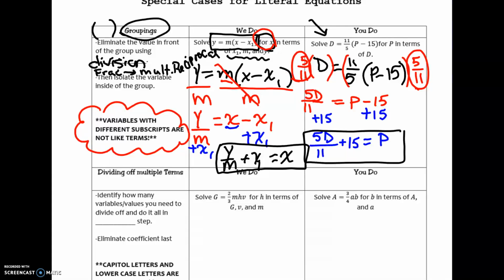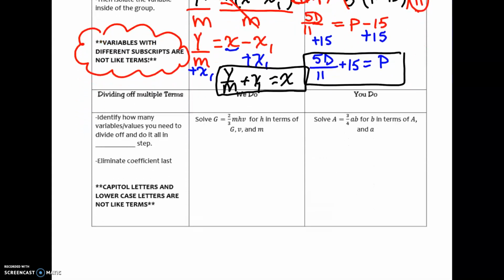When you multiply 5/11ths by d, remember d is technically a fraction with 1 on the bottom. So that's how I got 5d over 11 equals p minus 15. And then I added 15 to both sides to get p by itself. So these are two examples of how you can use eliminating groupings by division for literal equations.